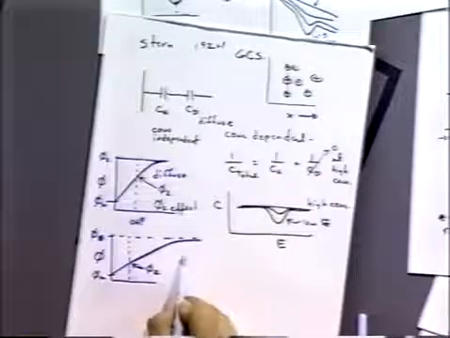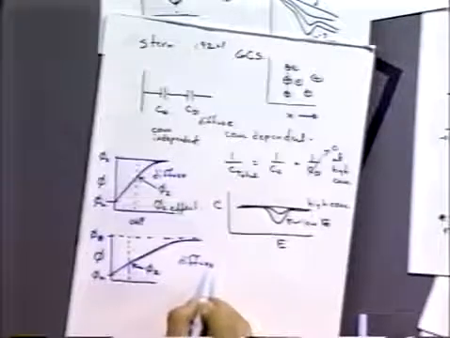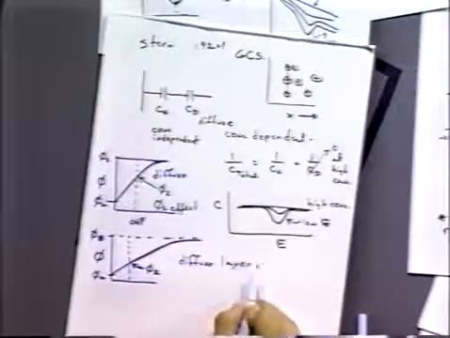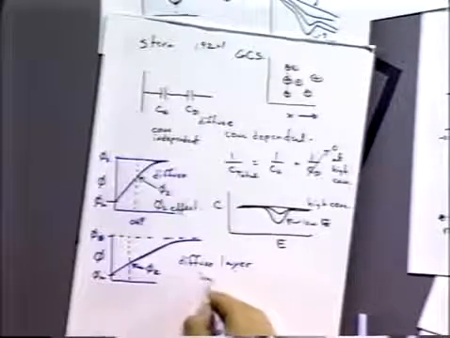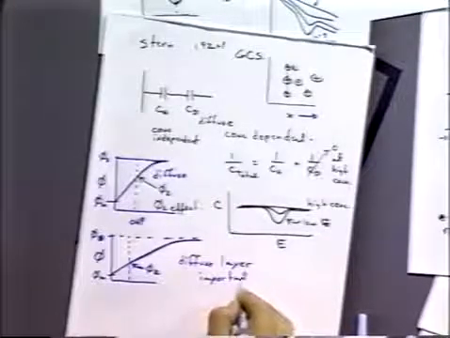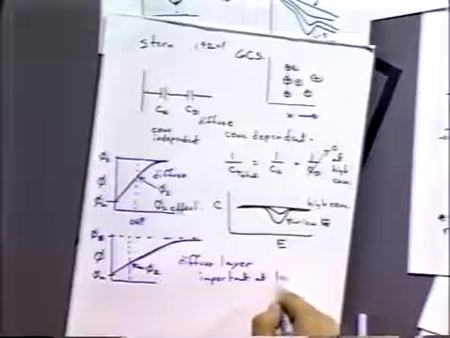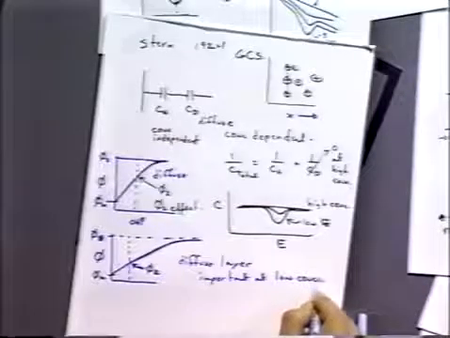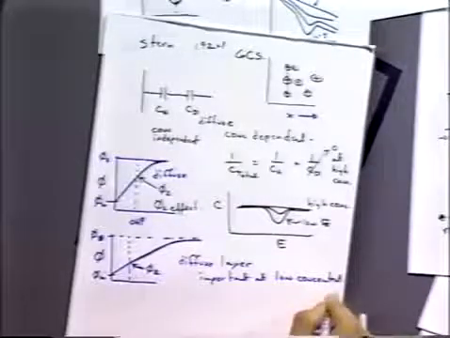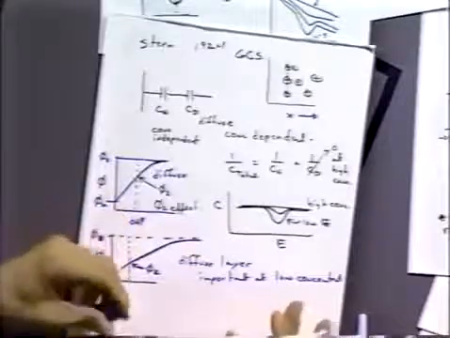So this diffuse layer is important at low concentrations, in other words, millimolar concentrations of electrolytes and so on.